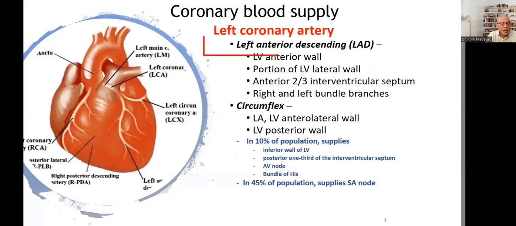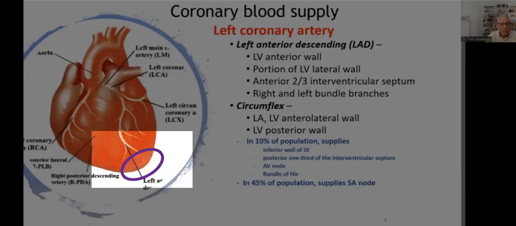The left anterior descending coronary artery can be seen on the outer, or epicardial, surface on the front of the heart. It travels along the groove that lies between the right and left ventricles. In most patients, the left anterior descending travels around the apex of the left ventricle and ends along the left ventricle's inferior surface.